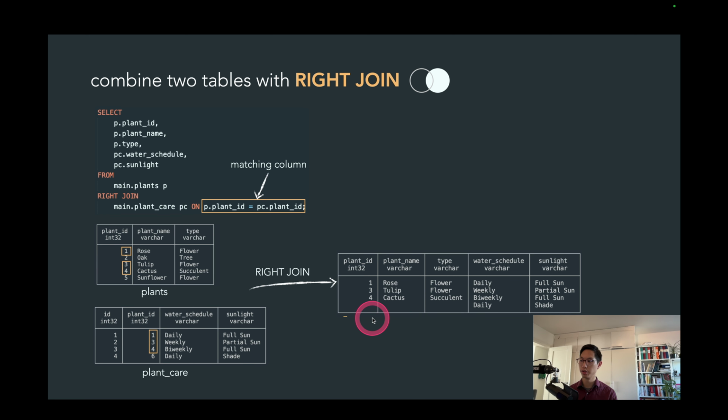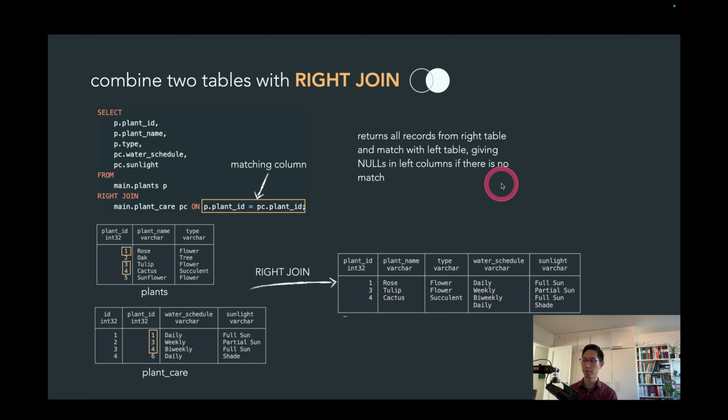Therefore, there are nulls there. It returns all records from the right table and matches with the left table, giving nulls in left columns if there is no match. So here we have nulls. This is the right join.